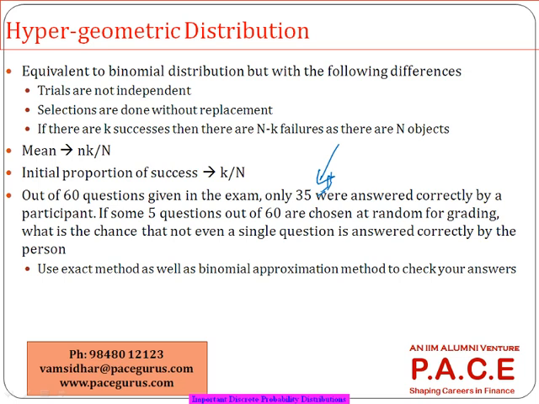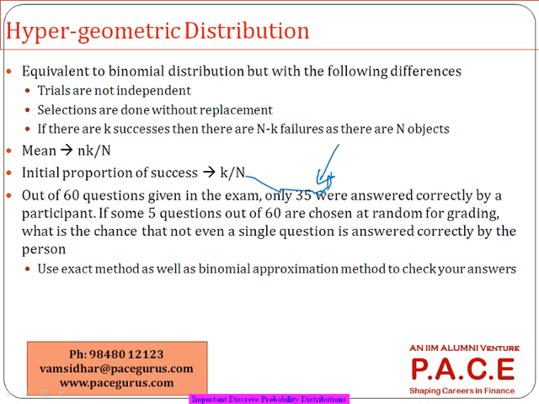So there is a dependency here. If he had attempted 5 questions, and the question was the chance that he succeeds in 0, 1, or 2 of them, then it becomes binomial.